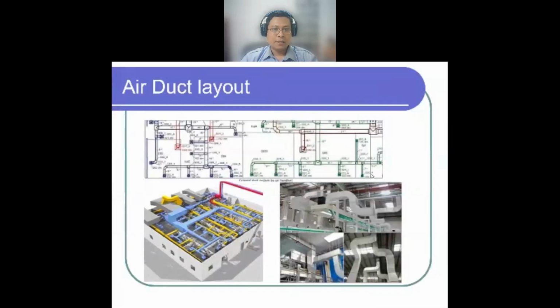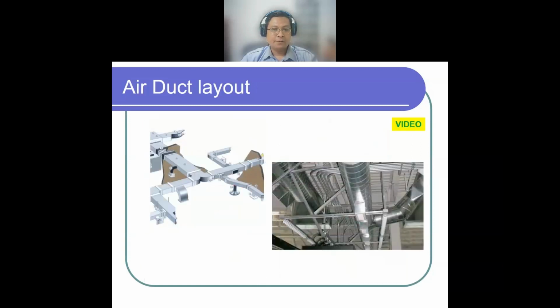All right, and the layout, you can see. Actually we can design with 3D software like NCs to analyze this duct construction system, and then we can calculate the elevation and the size of the duct.